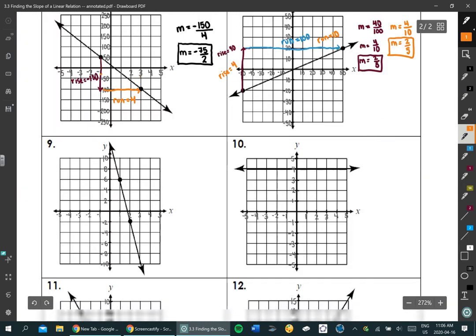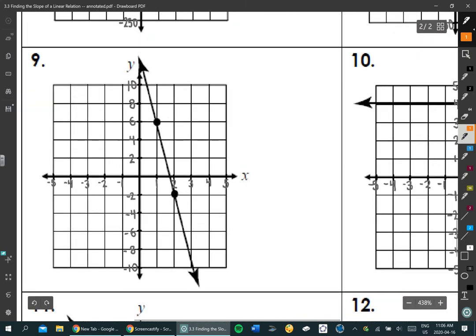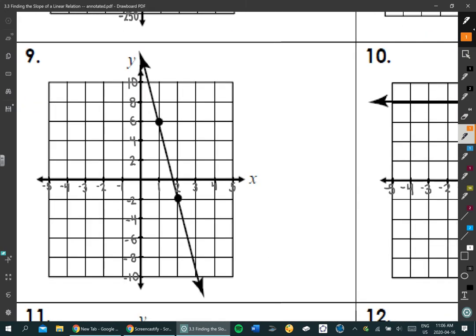Okay, a couple more. Number 9. Again, we identify our scale. We're counting by 2's on our y and 1 on our x's. So we can't just count squares. We have to look at the numbers. It's going down, so it's negative, and we go from 6 to -2.